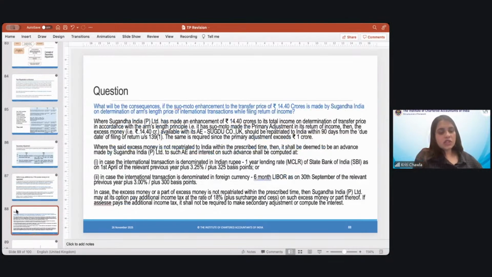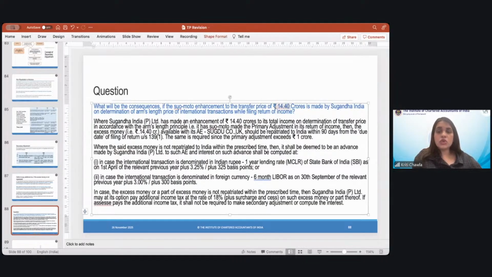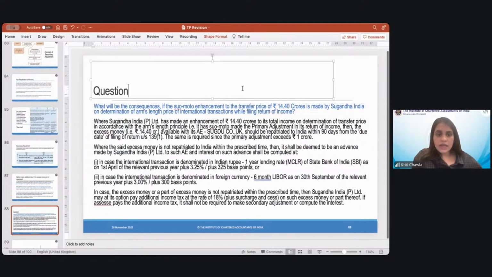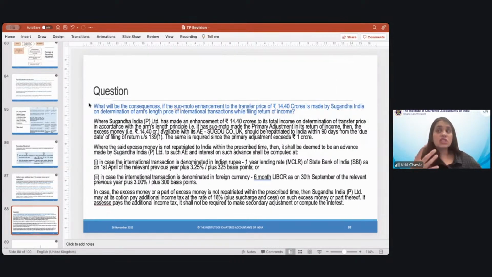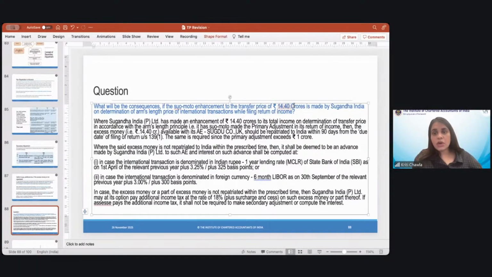Now, again, this is one of the questions that I have mentioned here: what will be the consequences if there is a suo motu enhancement to the transfer price of 14.40 crores on the determination of arm's length price while filing the return of income? Well, if there is a suo motu enhancement of transfer price, then this amount of 14.40 crores will be called a primary adjustment.